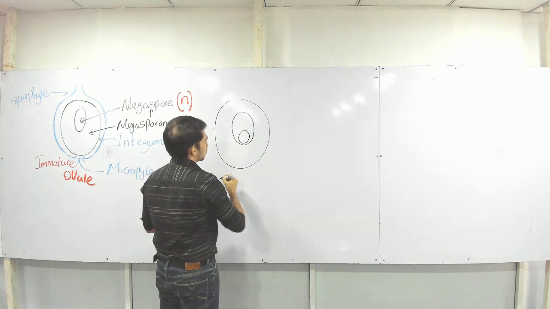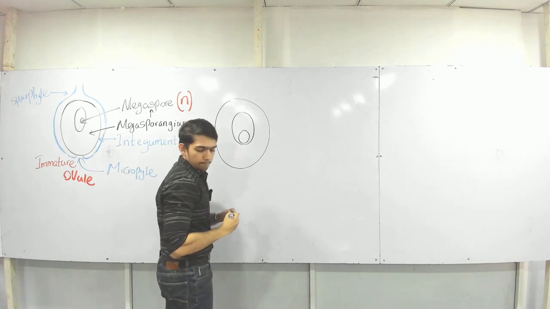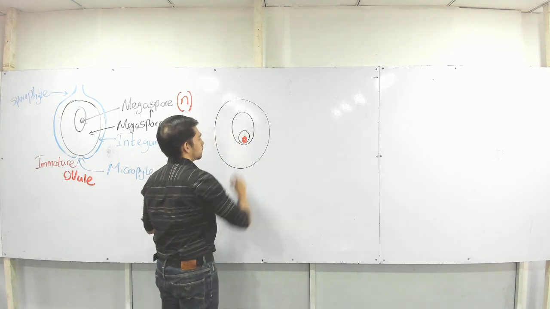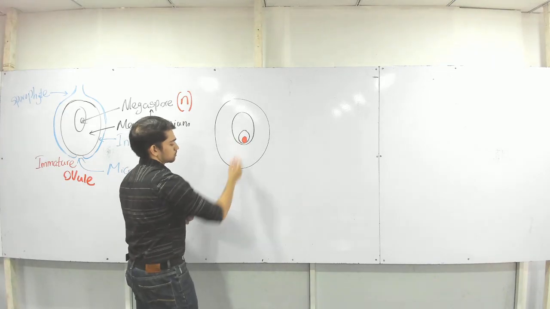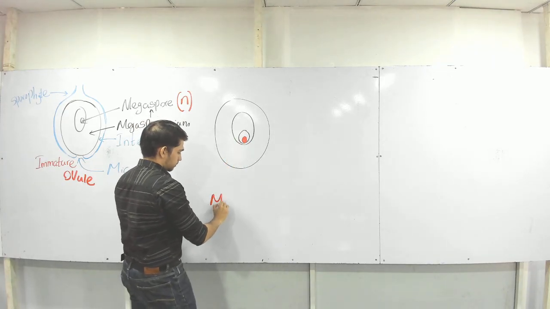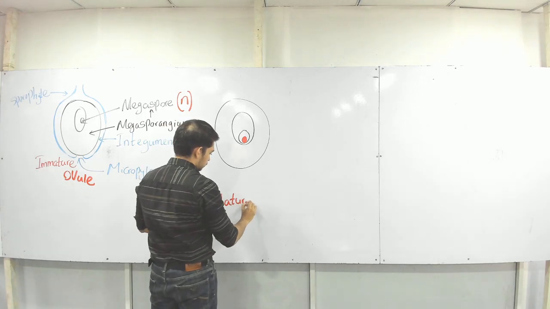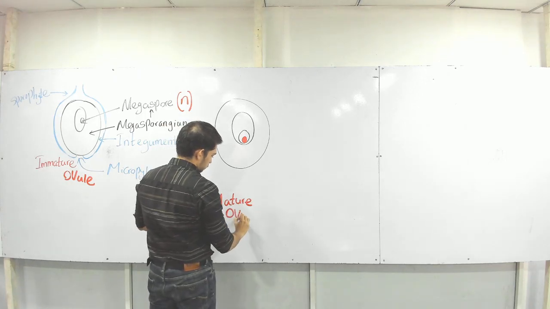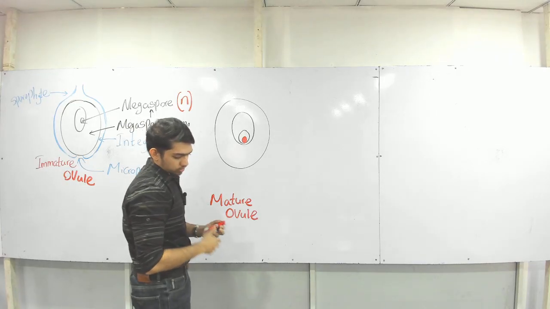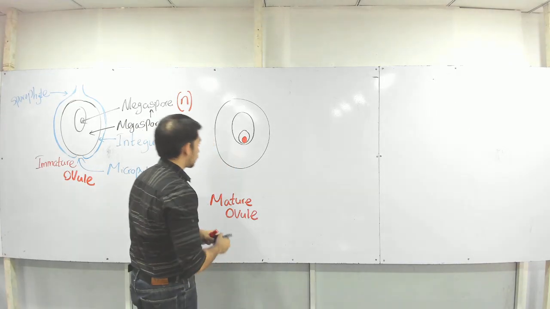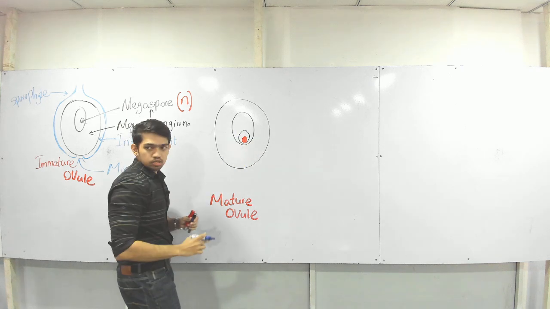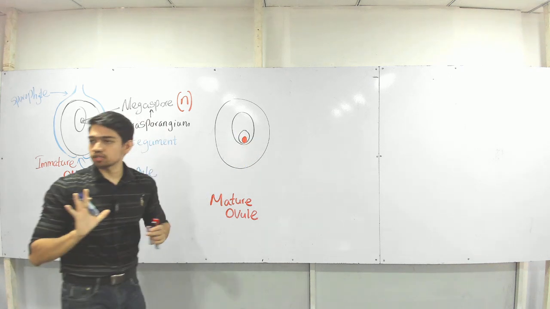Female gametophyte is going to produce what? Egg. So there's going to be an egg here. So what I'm going to draw here is what we call the mature ovule. Proper one. Always remember, a mature ovule has a female gametophyte with an egg nucleus inside, ready to be fertilized.